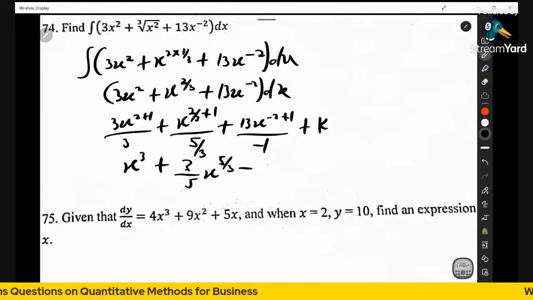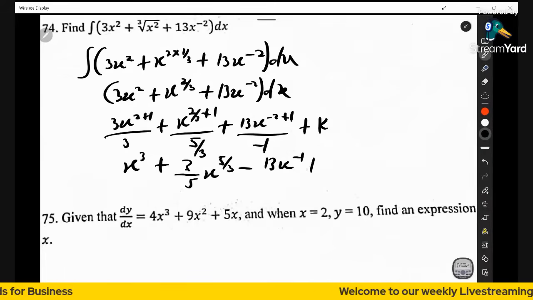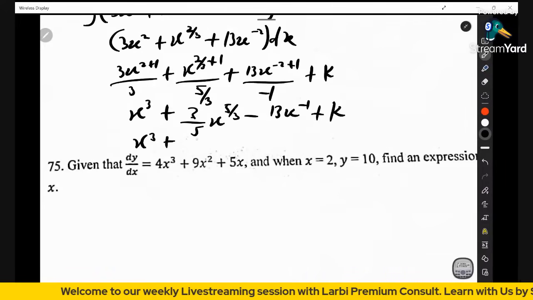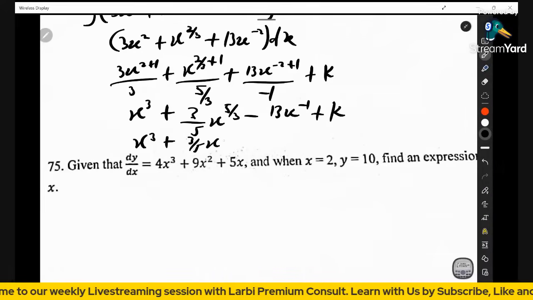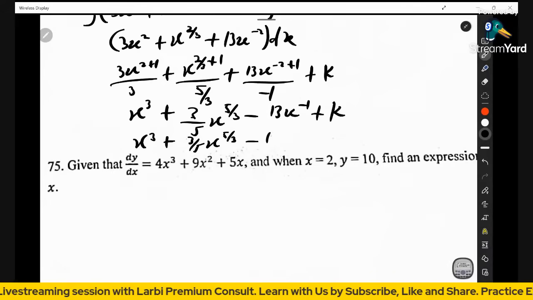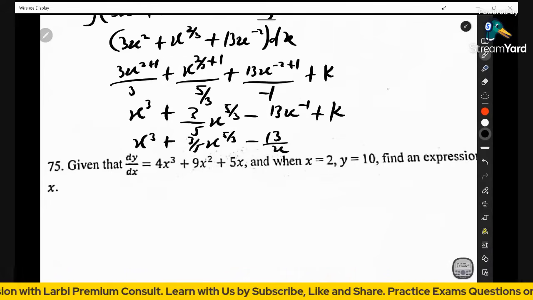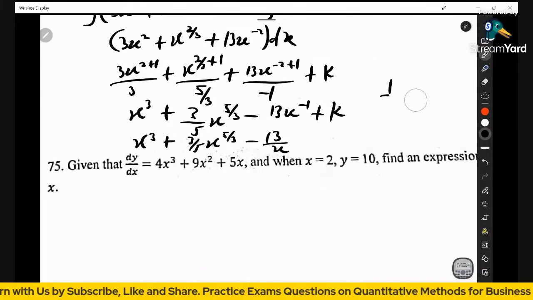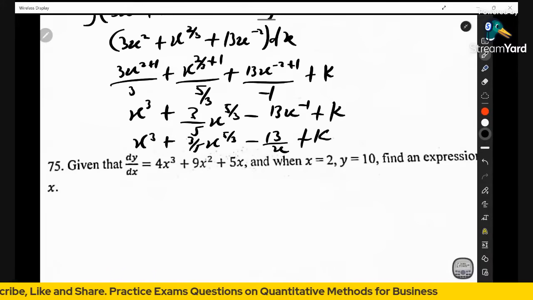So we have negative 13x to the power negative 1, plus K. Even this, we can write as x cubed plus 3 over 5 x to the power 5 over 3 minus 13 over x, because if I have 1 over x, it's the same thing as x to the power -1 in exponent form. Plus K. So let's take note of that.